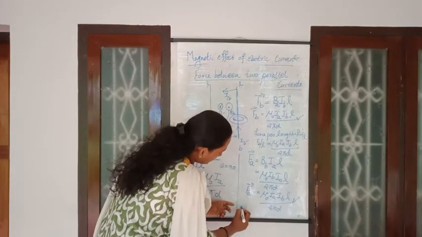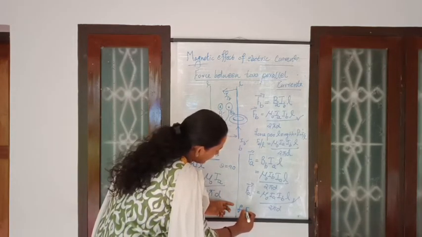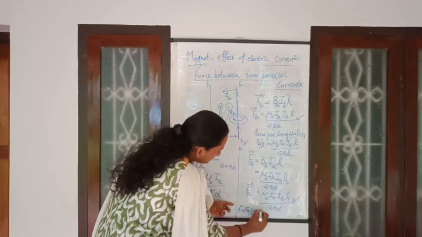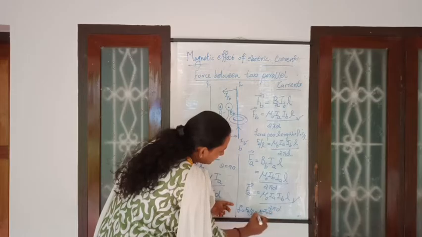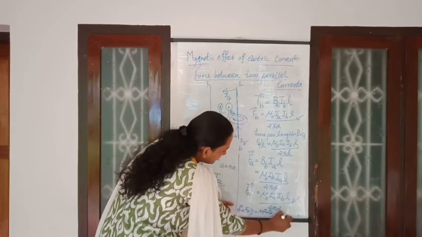Therefore, force per length, small f, is F_A by L, which is mu 0 Ia Ib divided by 2 pi d.